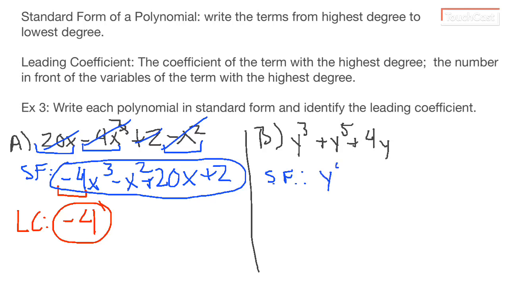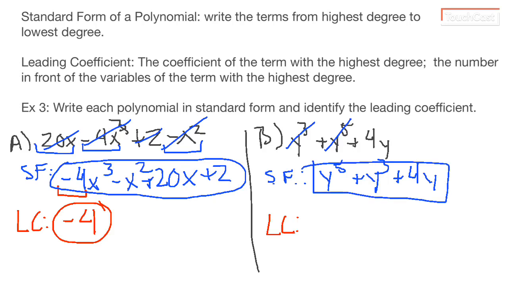And that's going to be the y to the fifth. Now the term with the next highest power is y to the third, and the next highest is 4y. So in standard form, we're going to have y to the fifth plus y to the third plus 4y. With a leading coefficient, there is one. It's going to be the number 1.